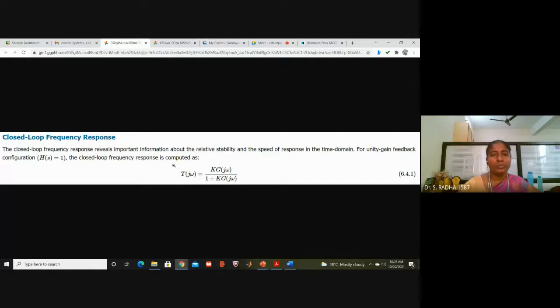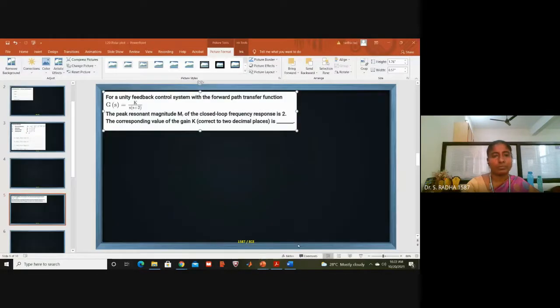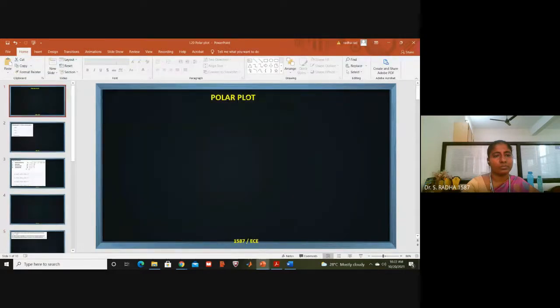So closed loop means the diagram we know, closed loop frequency response.